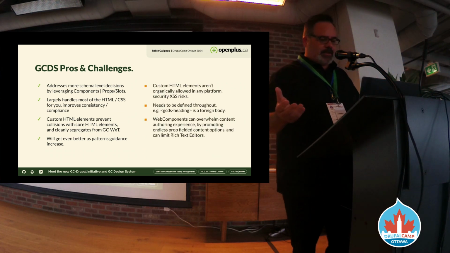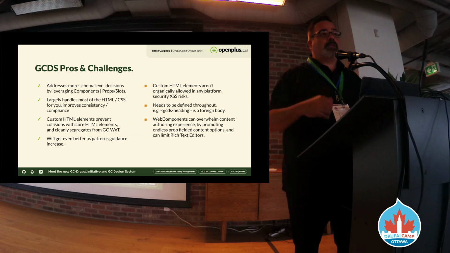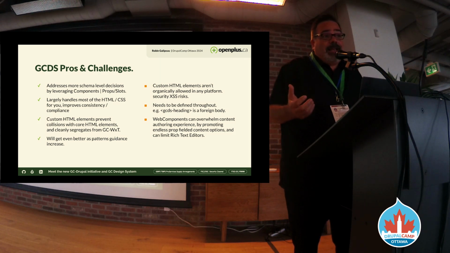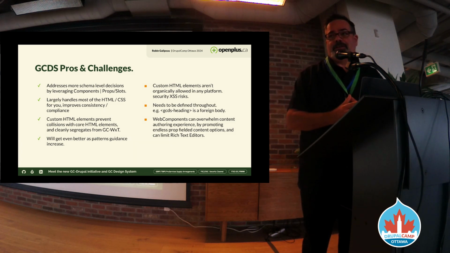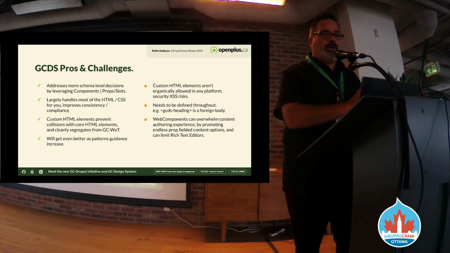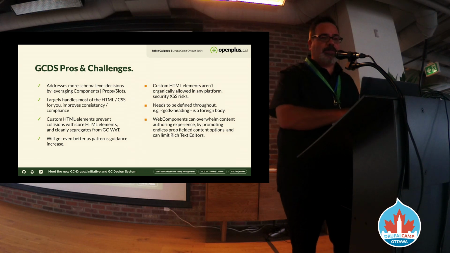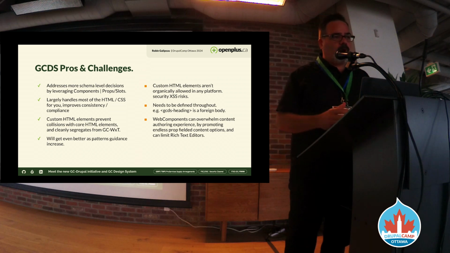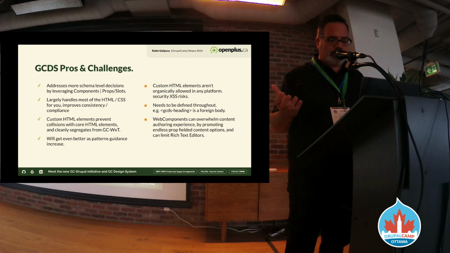Now the challenges that come with that, and I've touched on this one before, is that now we're having to deal with the implications of custom HTML elements and how do you deal with that? And remarkably, there's very little information on this in a lot of the communities. We know how to deal with some of that in CK5 and how to register custom HTML elements. But overall, we wanted to see how we could integrate this throughout the Drupal ecosystem.